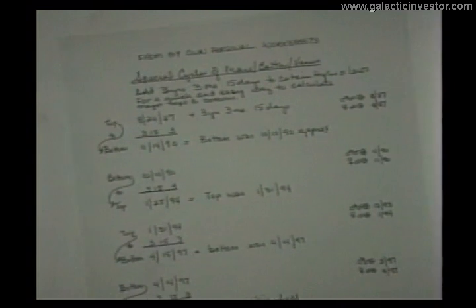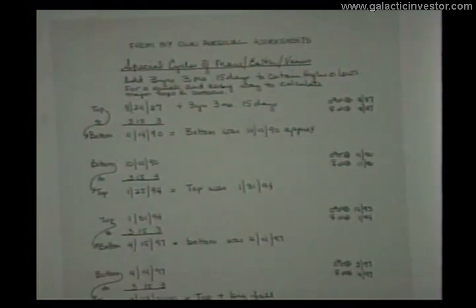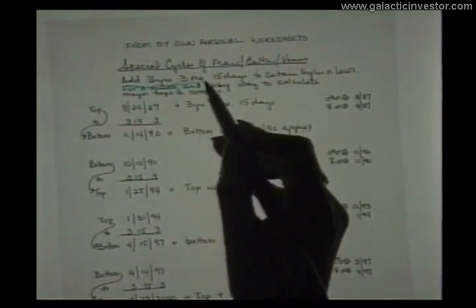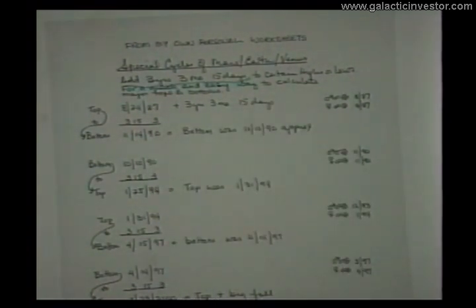But I have written it out for you in a very simple way. I've called it my special cycle of Mars, Venus, and Earth. You simply add 3 years, 3 months, and 15 days to certain highs and lows, and you are going to get these points.